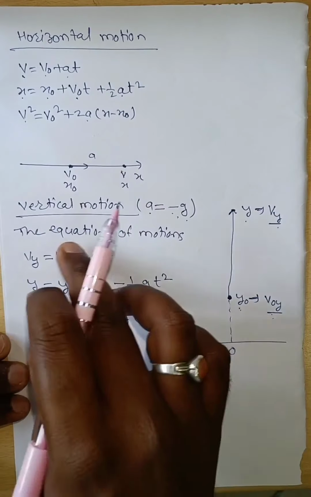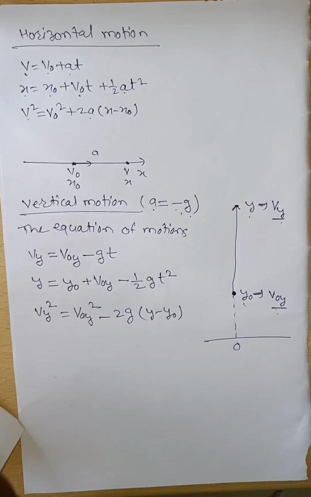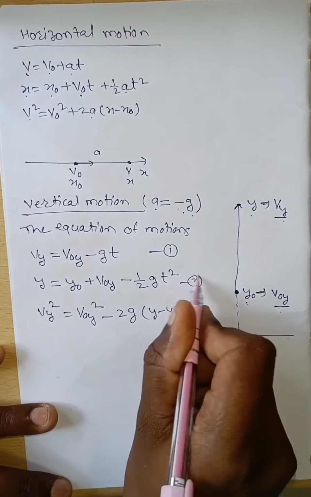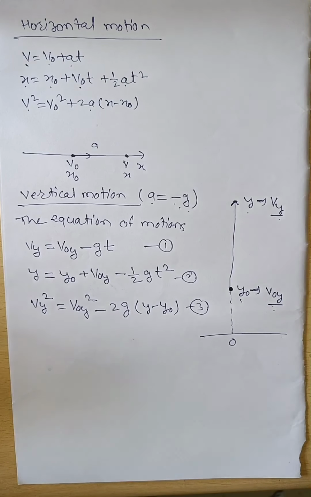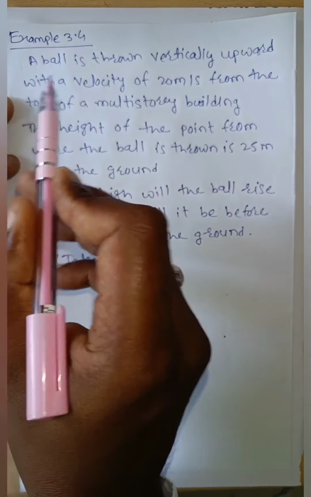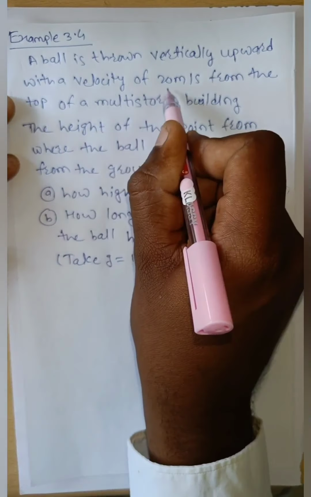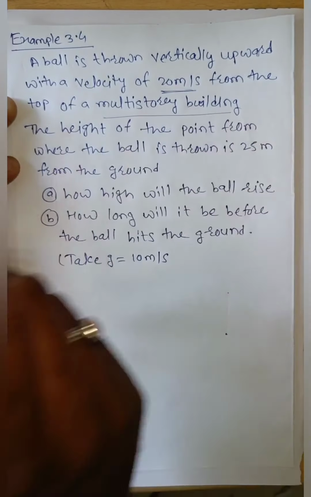Now using these equations of motion, we have to solve one problem. These are the first, second and third equations, the equations of motion along the vertical direction. Now example 3.4: a ball is thrown vertically upward with a velocity of 20 meter per second from the top of a multi-story building.